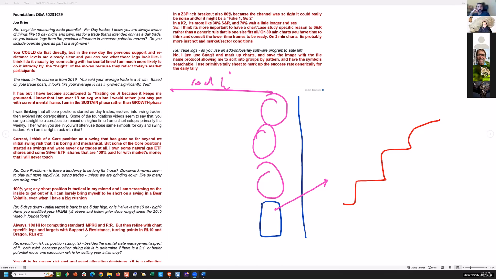Execution risk versus position sizing risk based on the mental state management or 2 to 1. Let's see. Yeah, I think I've answered that one.